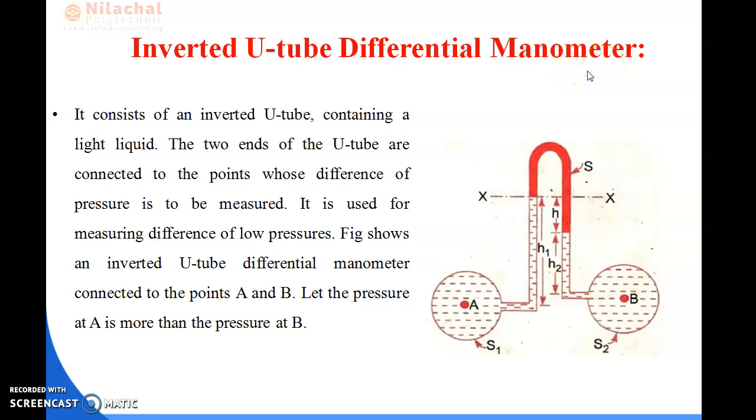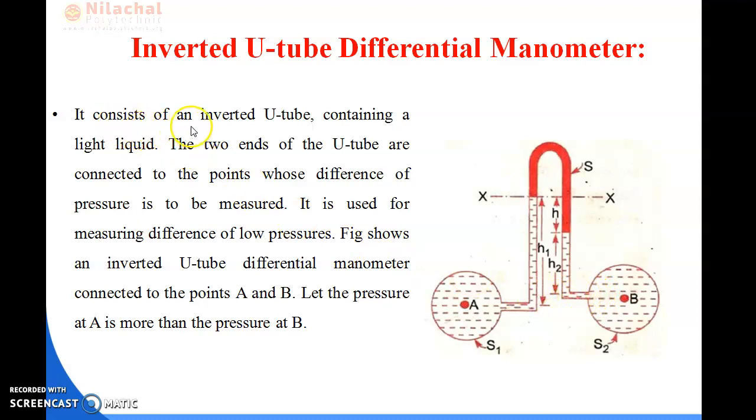What is the difference between them? In the U-tube differential manometer, you take the manometric liquid which is heavier than the two liquids. But in the inverted U-tube differential manometer, you take a liquid lighter than the two liquids flowing in the two pipes.